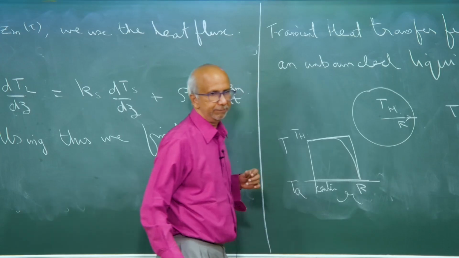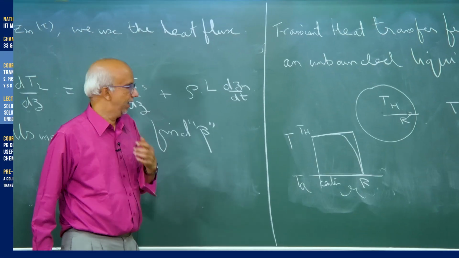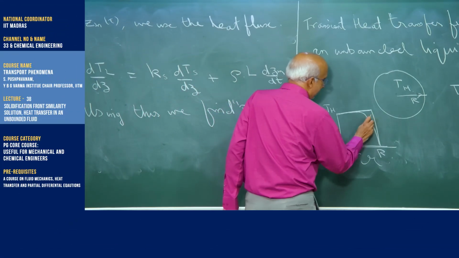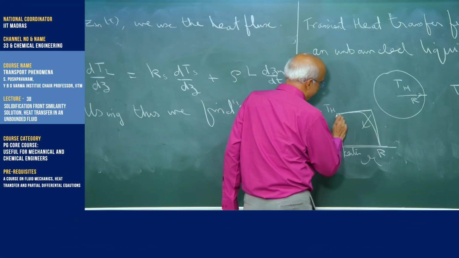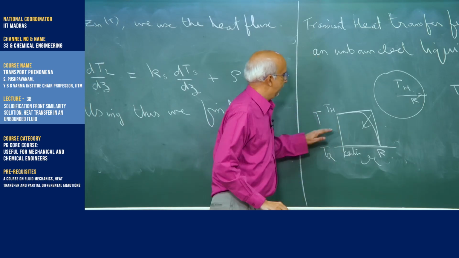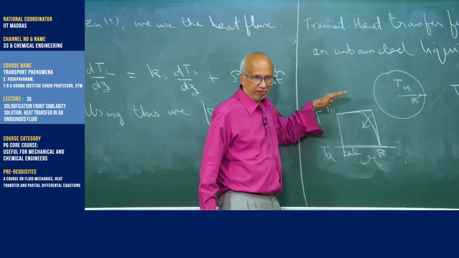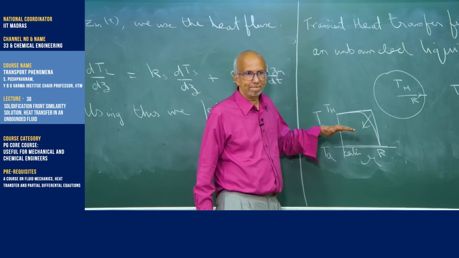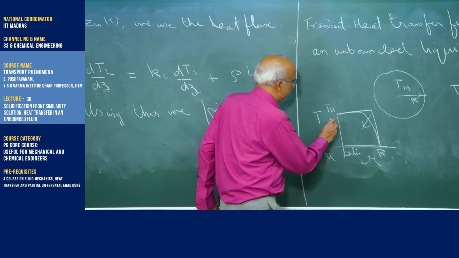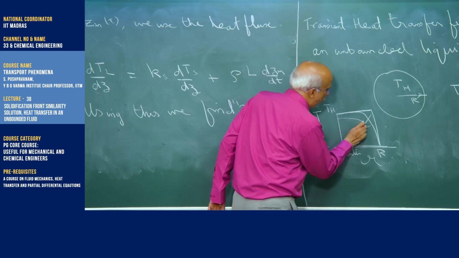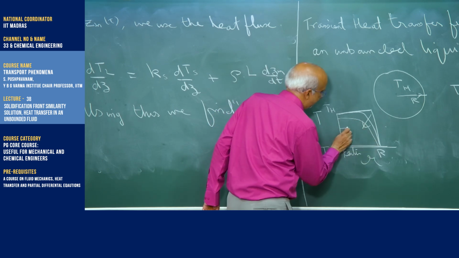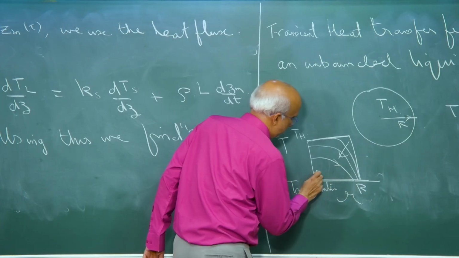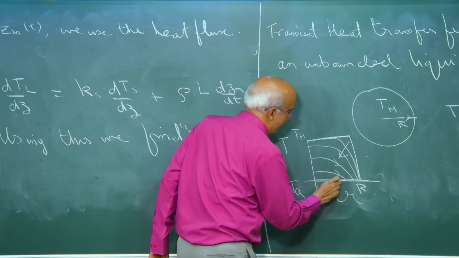Let us say. And as time progresses, what is going to happen? This guy at center of the sphere will also start decreasing by conduction. Okay, this is also going to lose heat, and slowly I will get something like this, and eventually I will get T ambient.